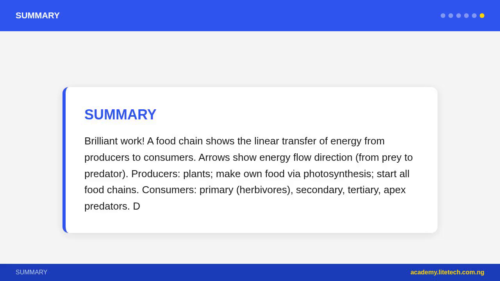Brilliant work. A food chain shows the linear transfer of energy from producers to consumers. Arrows show energy flow direction from prey to predator. Producers, plants, make their own food via photosynthesis and start all food chains. Consumers: primary, herbivores, secondary, tertiary, apex predators.